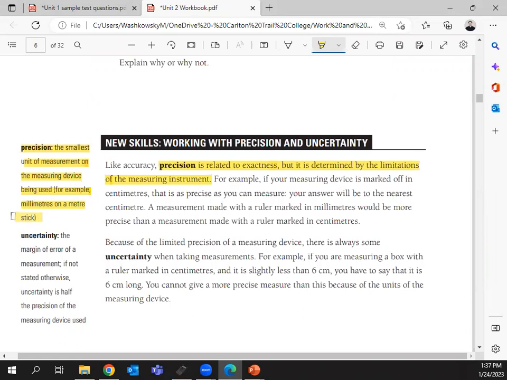Does anyone here have a digital speedometer, not one that goes clockwise, but one that just tells you you're going 100 kilometers an hour? Have you ever had it where it goes between 100 and 101? It just flicks back and forth. If you had a more precise measuring device in there, it'd be like, oh, you're going 100.5 kilometers, for example, but it can't measure that way.